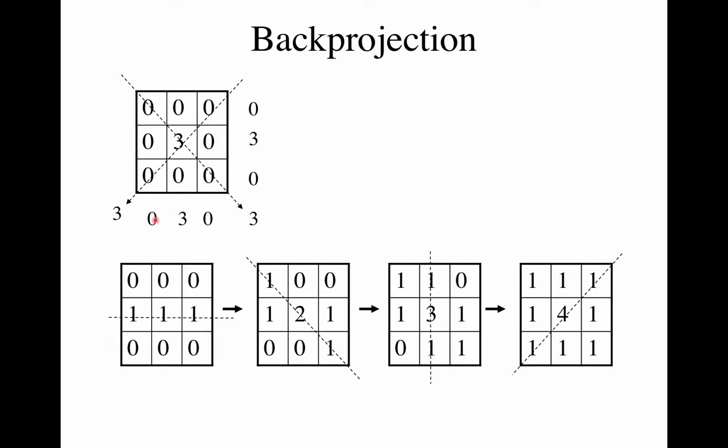And then if I back project this way at minus 45 degrees, in the same way, I put zeros across here, but 1 spread out throughout the diagonal, and this is my final picture. So that's an image of a 9 or 3 by 3 object using 4 projections, right?